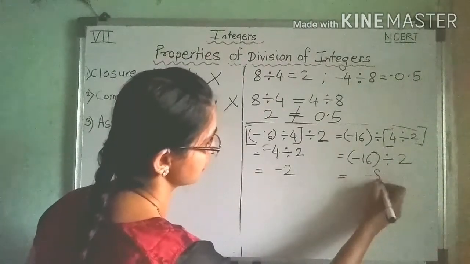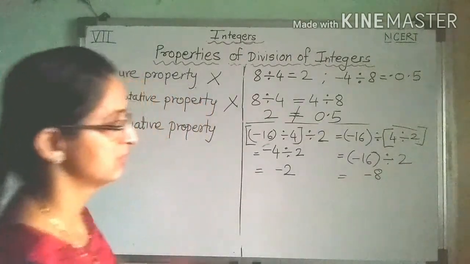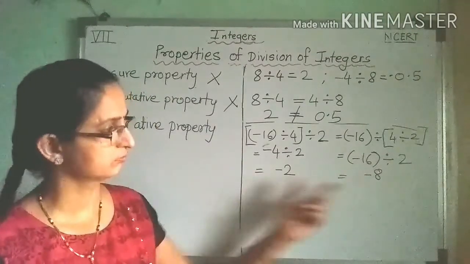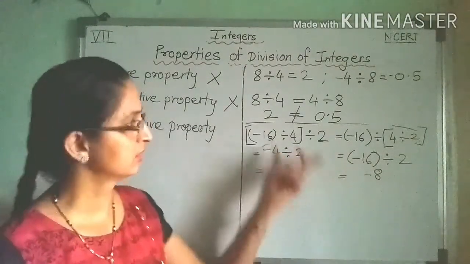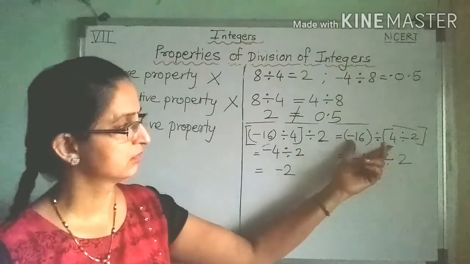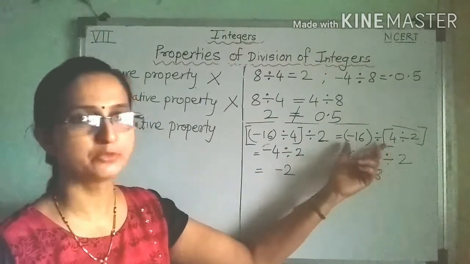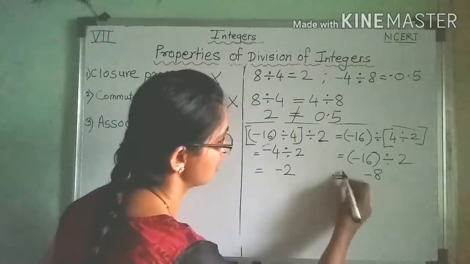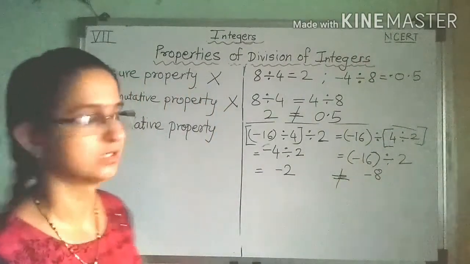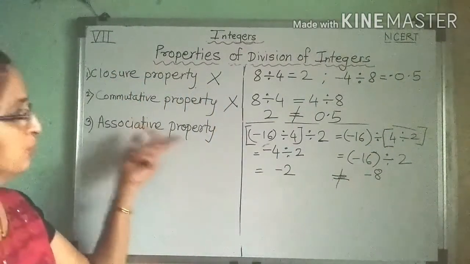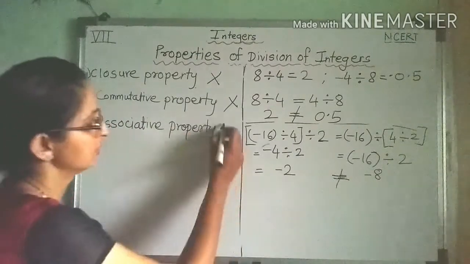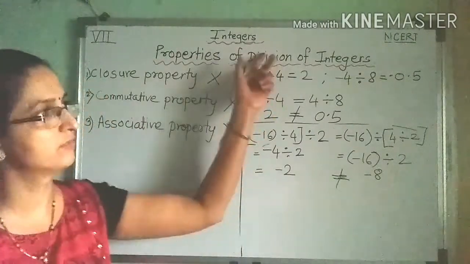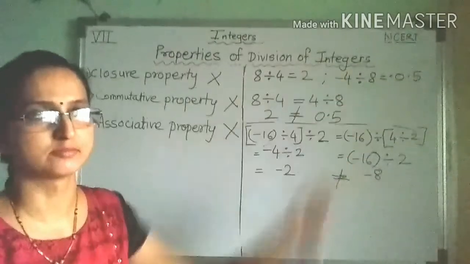What is the quotient? Minus 8. So what you have observed, when we group differently, the quotient is not the same, not equal. So associative property is also not true for division of integers.